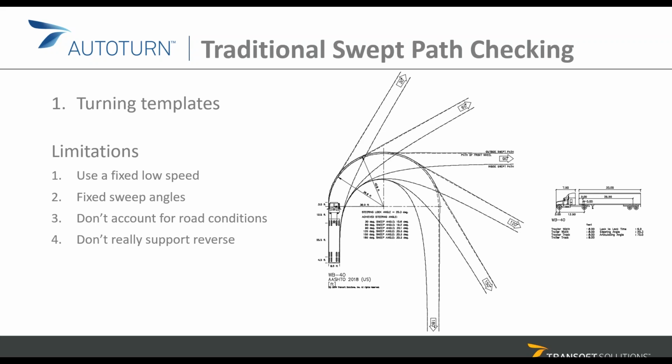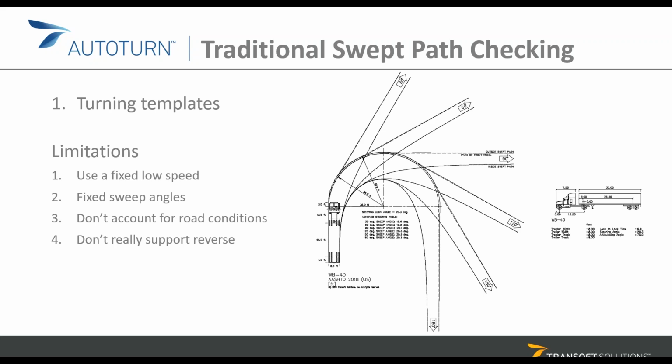Some design guidelines indicate ranges of speed, so they'll have a template that works for 5 miles per hour, another template for 10 miles per hour, another template for 25 miles per hour, and that way they'll account for different turns at different speeds. When we see AASHTO and TAC in North America, they use a fixed speed to create these turning templates. The speed that is fixed is low speed, so under 10 miles per hour. And we have the fixed sweep angles for all the different turns.